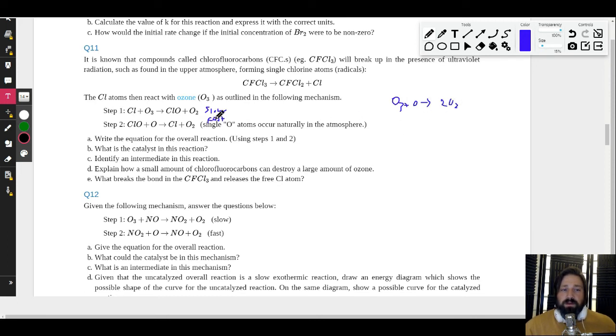If this is the slow step, the rate law is going to just have to do with the concentration of O3. So it may be first order with O3 and 0th order for oxygen. And if that's the case, we know that oxygen doesn't really do anything in the reaction.